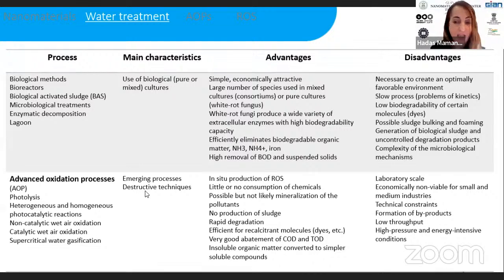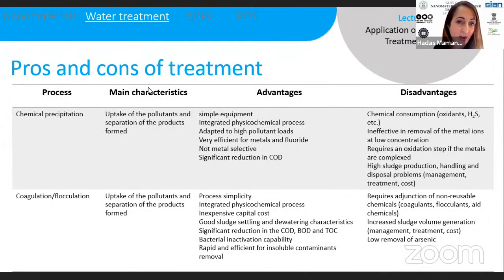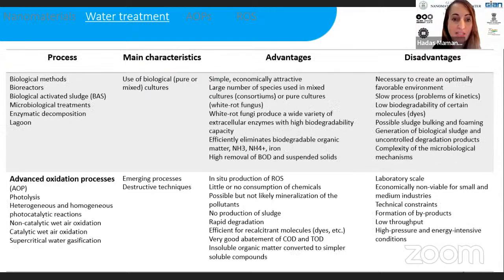Compared to sorption, which is a phase transfer technology, sorption takes the micropollutants and the residual organic matter from one phase to the other, usually from the liquid phase to the solid phase. However, AOP is considered a destructive technology, okay?